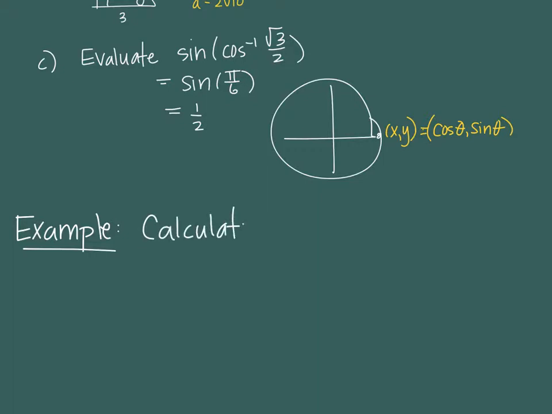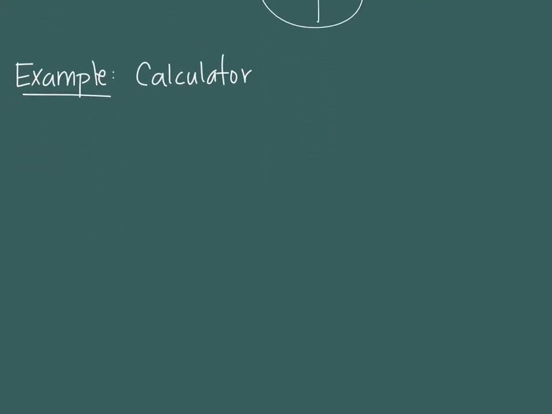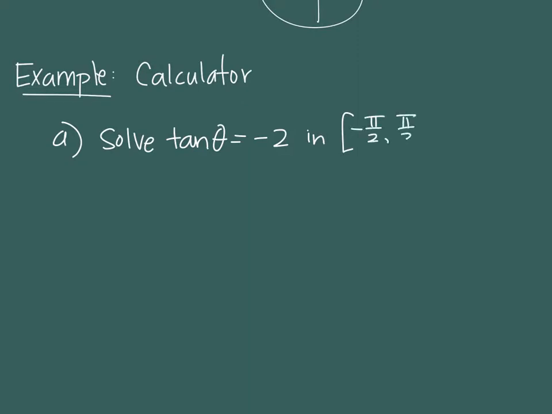We've actually done something like this already, in your quick review on the day that we were warming up for this. So something like solve the tangent of theta to be -2, in a specified interval of maybe from -pi/2 to +pi/2. So that's going to be a calculator active question.